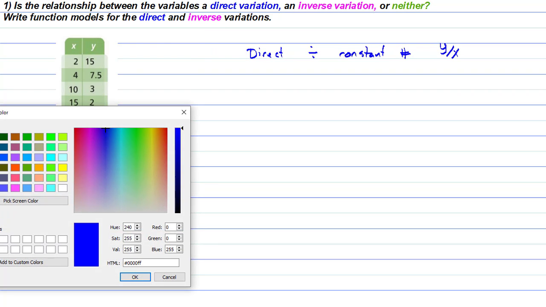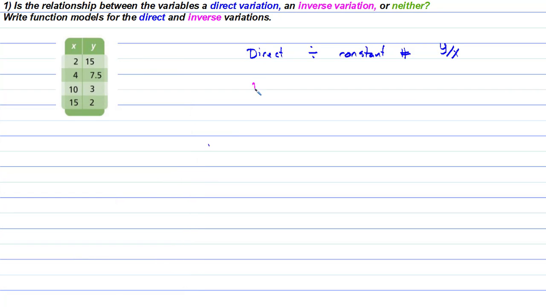Inverse variation: you should be able to multiply and come up with a constant number. So x times y should all equal the same number.